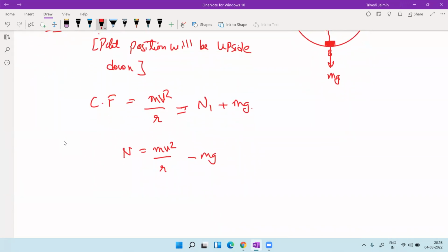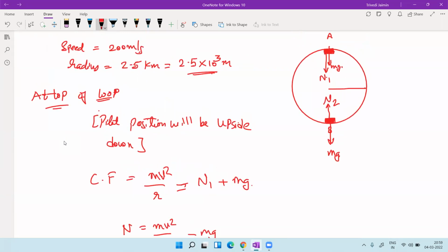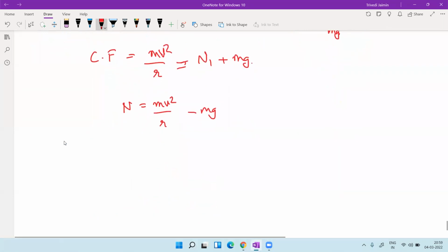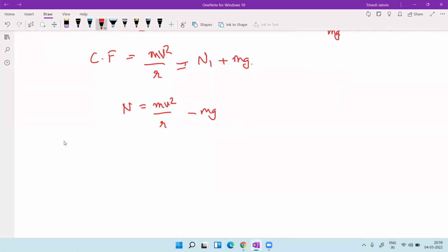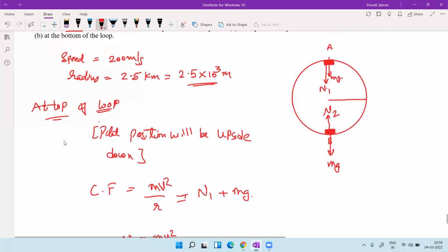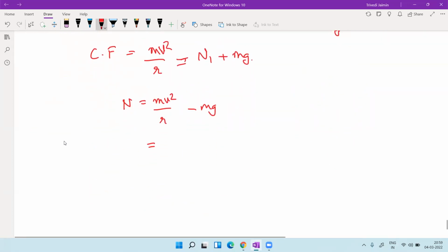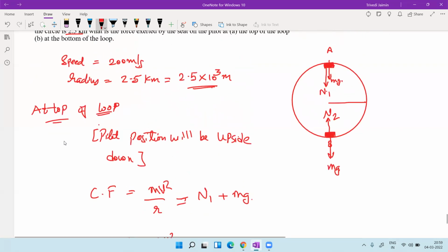So do we have m? Yes. We have v? Yes. What else? R also we have. Come on, finish it. g we know, 9.8 as usual. What was m, by the way? It is 70. v is 200.